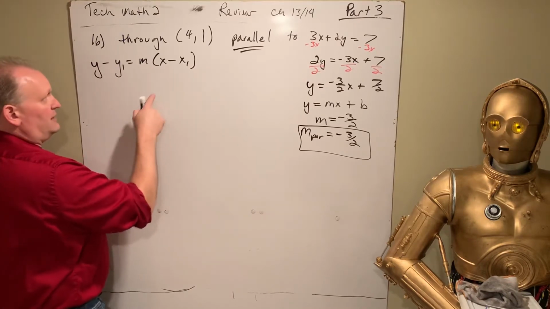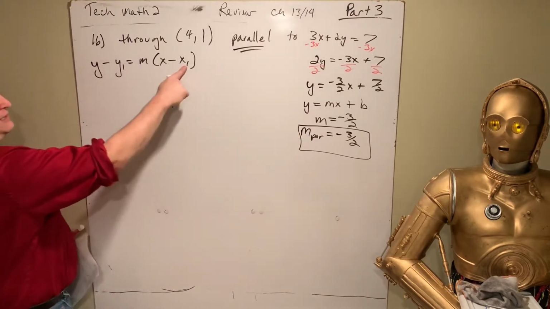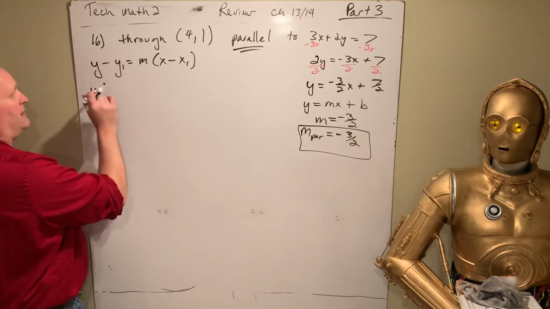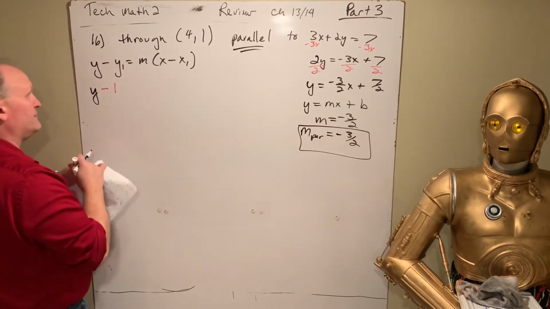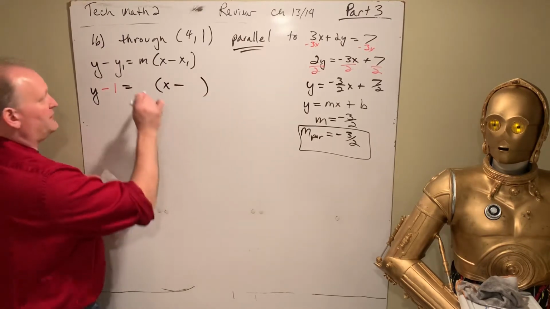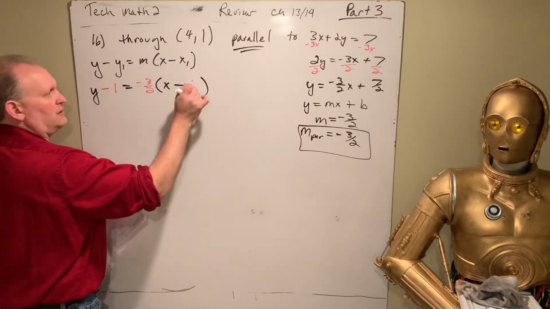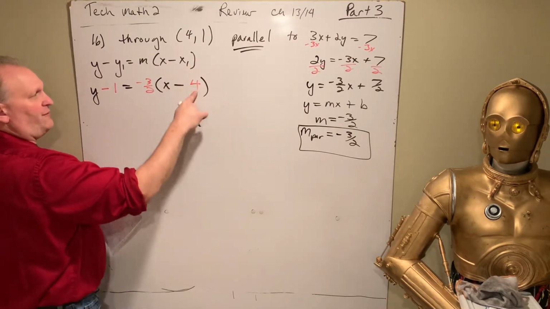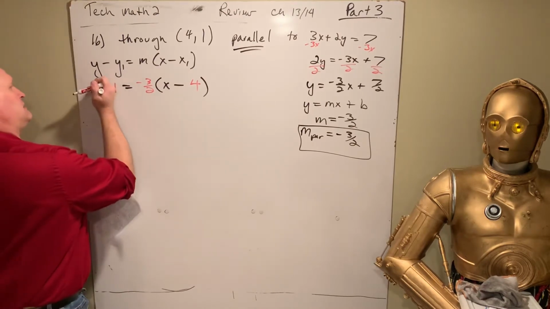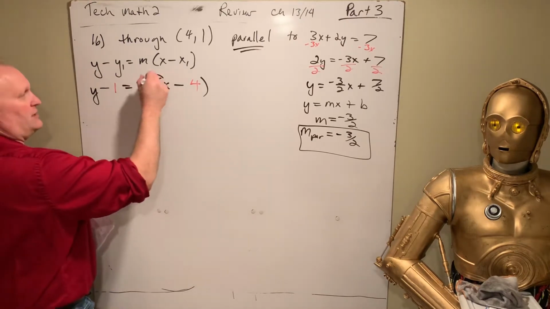You substitute the values in. So y minus 1 equals the slope, negative 3/2, times x minus 4. We replace x1 with 4, m with negative 3/2, and y1 with 1.